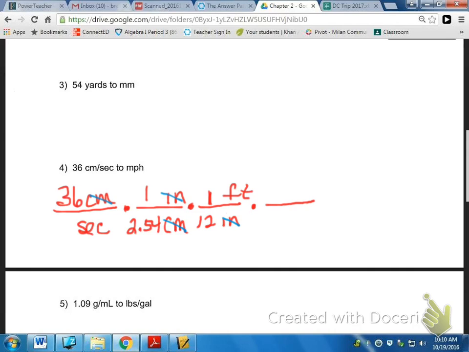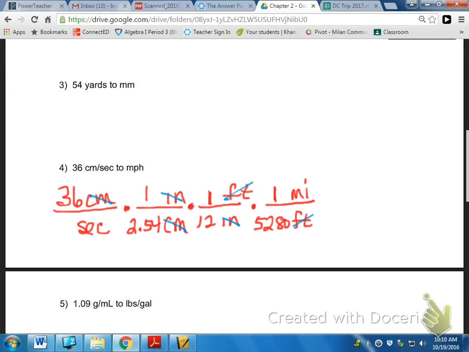What am I going to put on the bottom? Feet, and I'm going to convert feet to miles. Okay, so what numbers am I going to use? How many miles? 5,280 feet, yeah, 5,280 feet to 1 mile. So when I cross those out, hey, look, I got miles on top. That's what I want in my answer, so I'm done worrying about the miles.